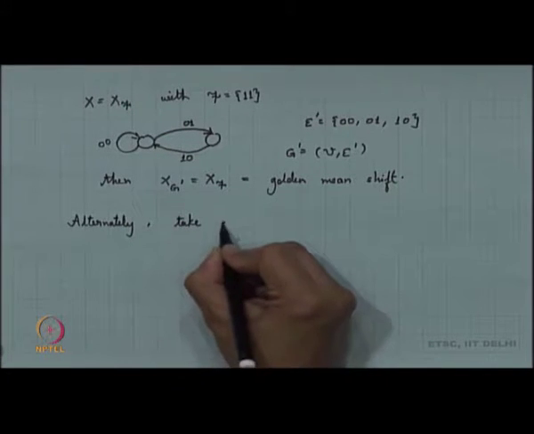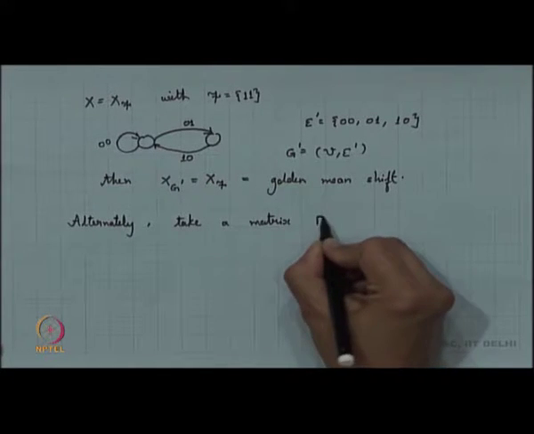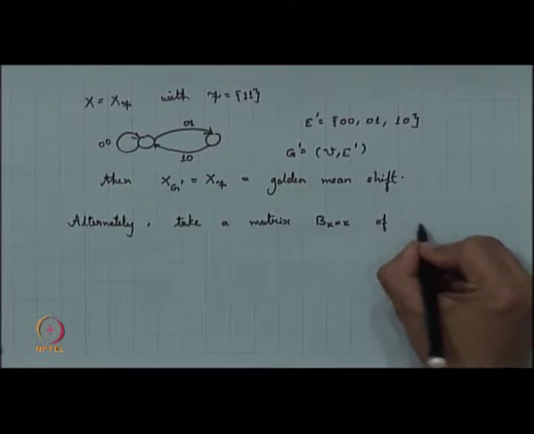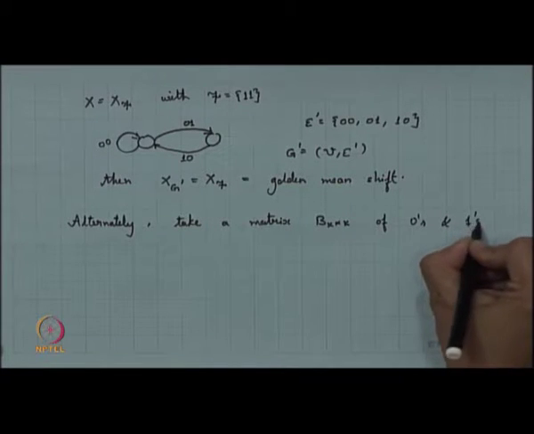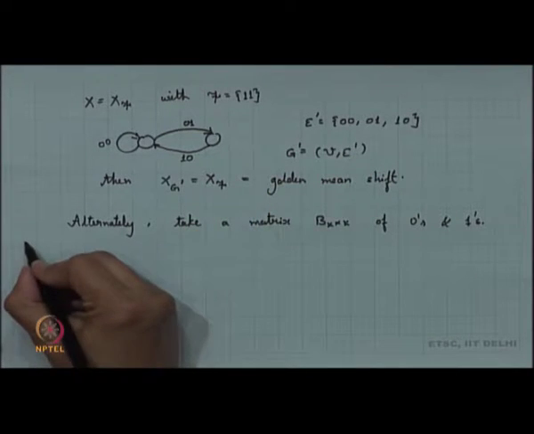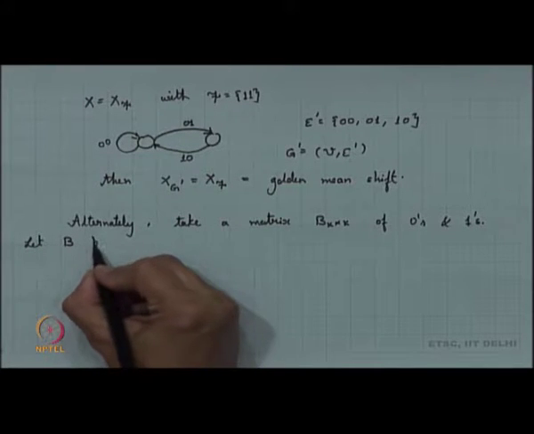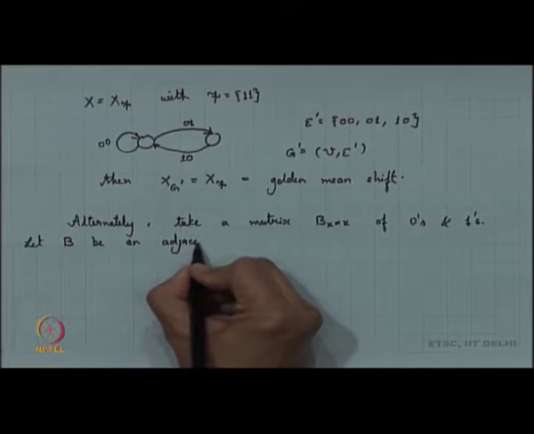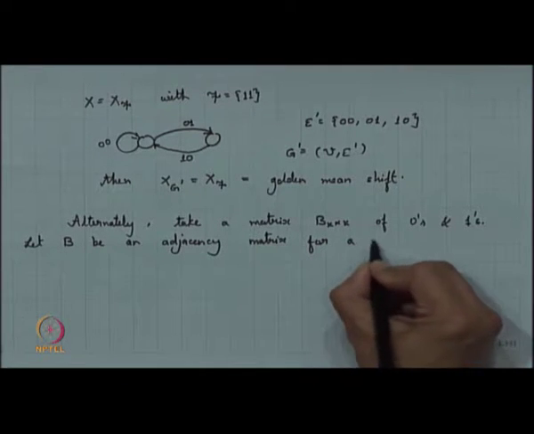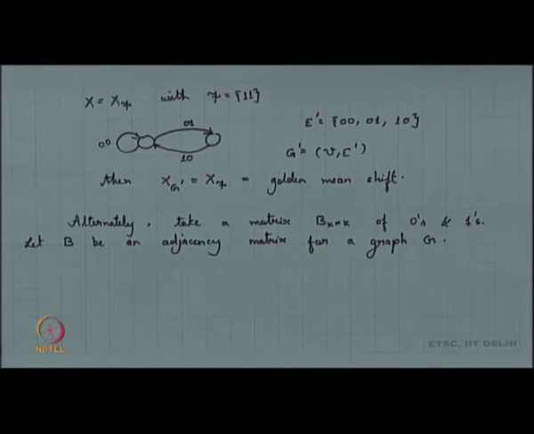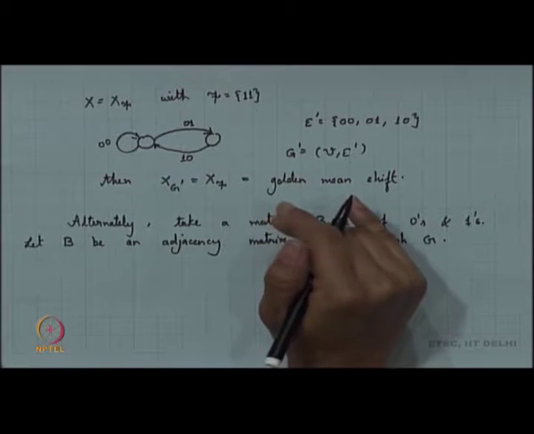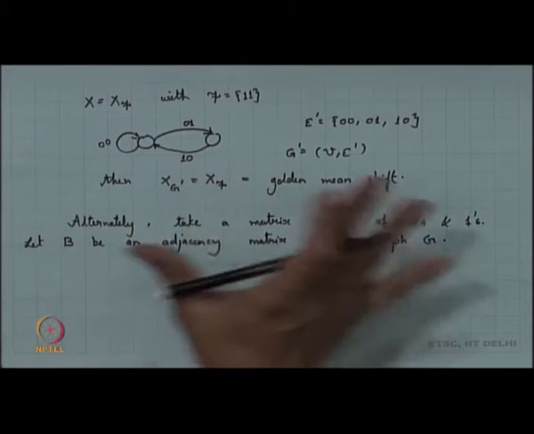Take a matrix B. Let me specify that B is a k cross k matrix of zeros and ones, so the only entries of B are zeros and ones, and now let this B be an adjacency matrix for some graph G. So, this graph G will have k vertices.